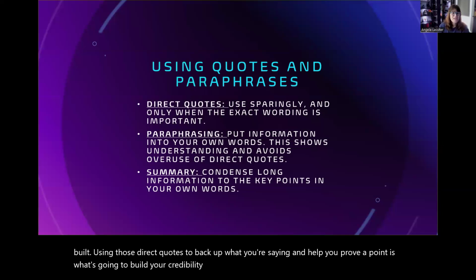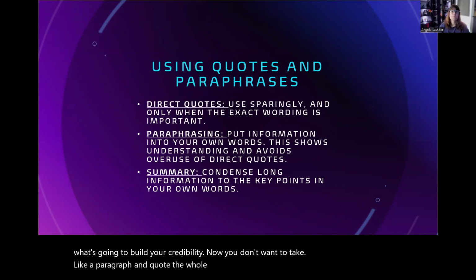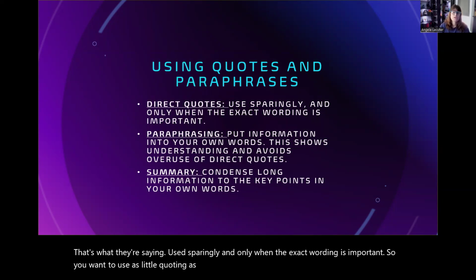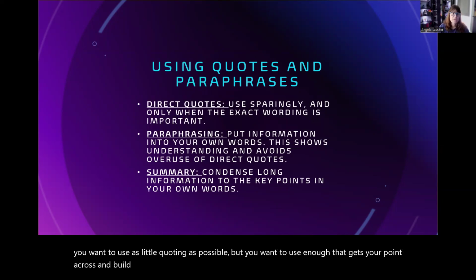Now, you don't want to take a paragraph and quote the whole paragraph. Use sparingly and only when the exact wording is important. So you want to use as little quoting as possible, but you want to use enough that gets your point across and builds your credibility. Okay.